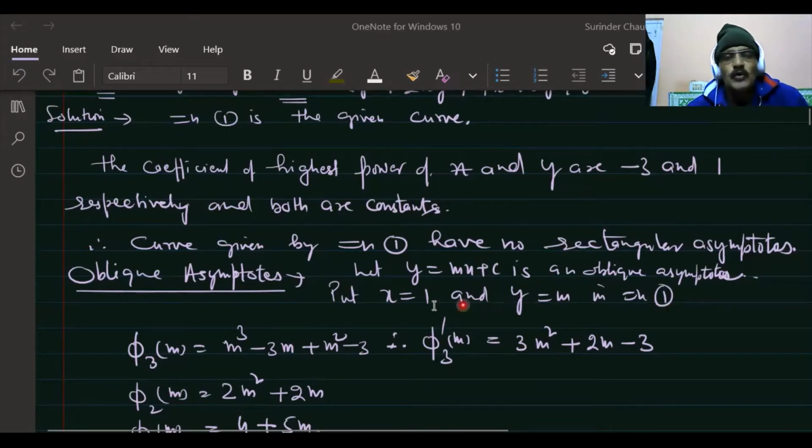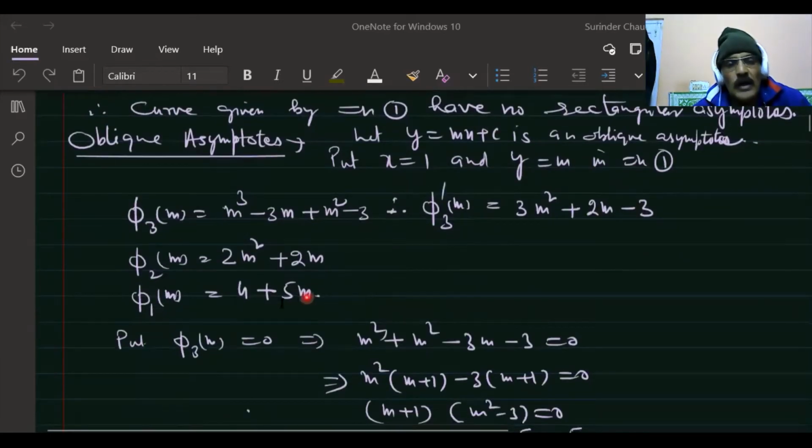In the third degree terms of phi of xy equal to 0, we get phi 3(m). In the second degree terms, we get phi 2(m). Similarly, in the first degree terms of phi of xy, we get this first term.